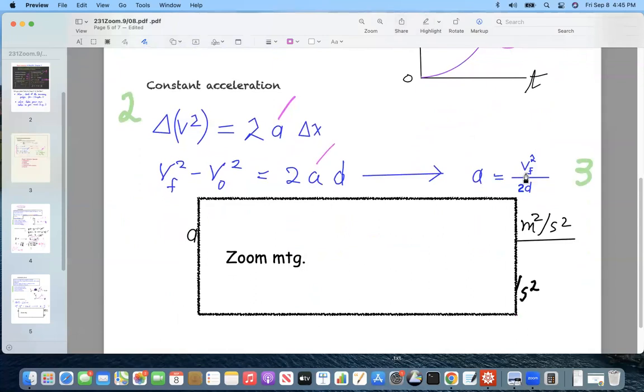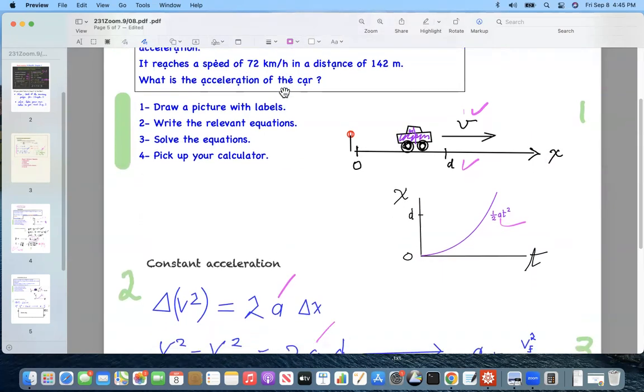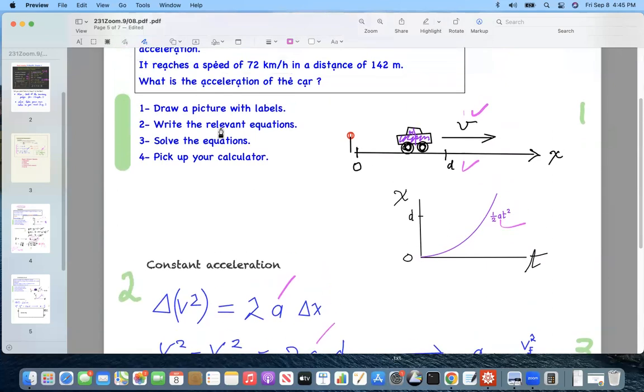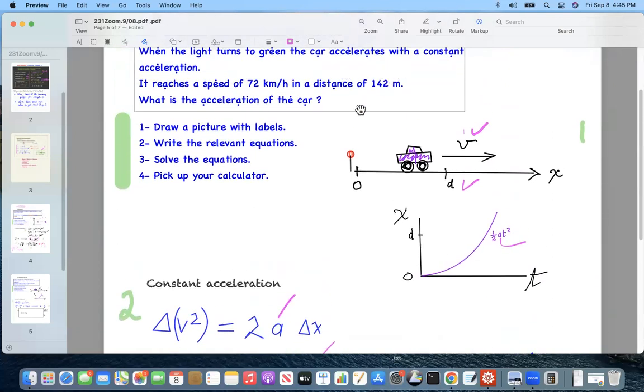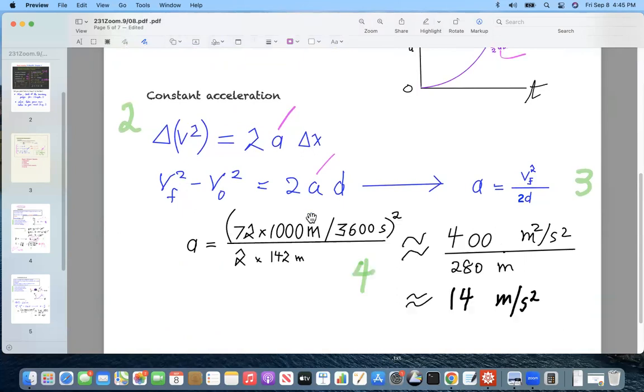And now I calculate the number. I put in for vf 72 kilometers per hour, but I better convert that to standard units. And I put in for d 142 meters. So I have 72 kilometers, a kilometer is 1,000 meters, divided by 1 hour.